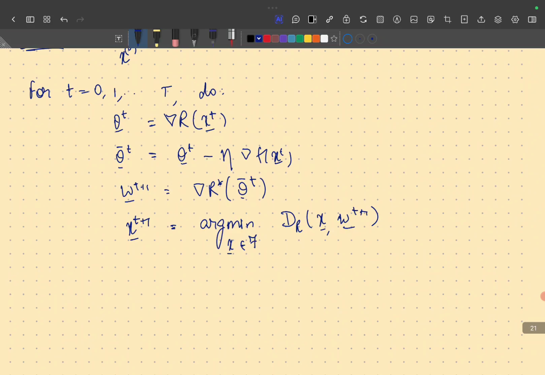In the case where the feasible set is all of R^n, xt plus 1 is simply equal to Wt plus 1.